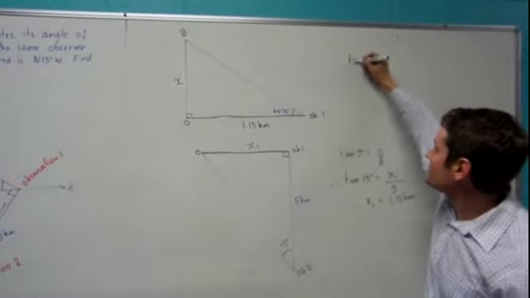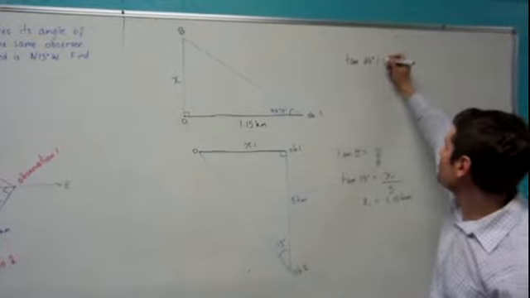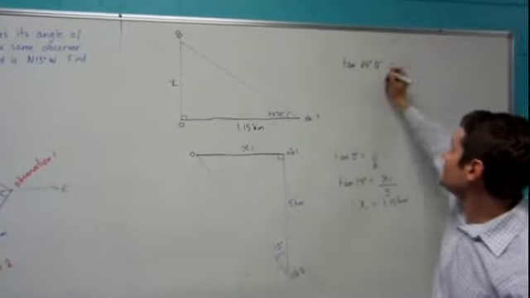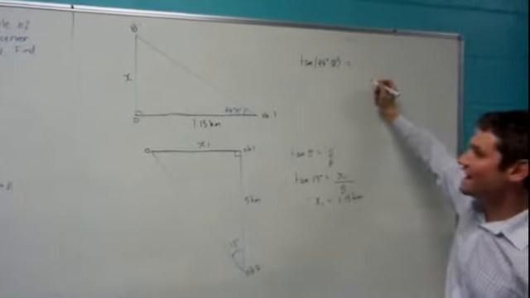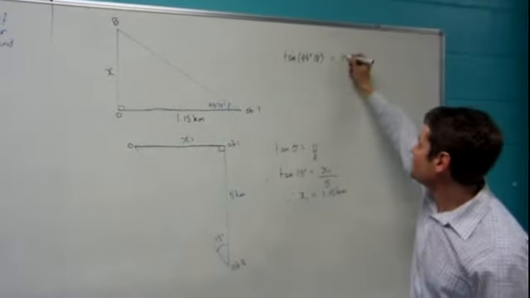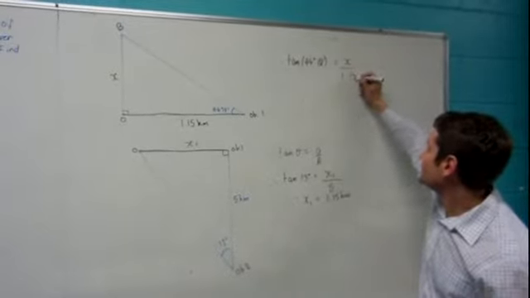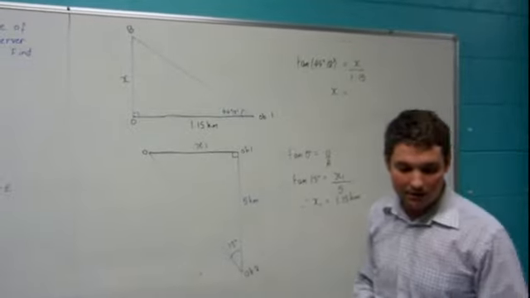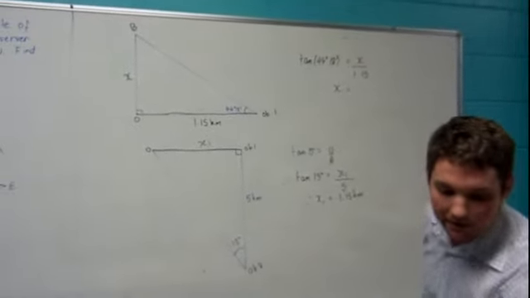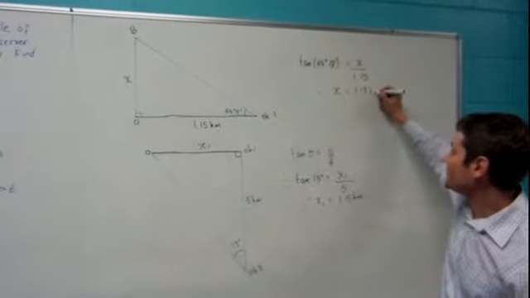Again, we're going to use tan theta from our right angle trigonometry. So tan 44 degrees 18 minutes is going to equal the opposite divided by the adjacent. If we place that into our calculator, we should find that x equals 1.13 kilometres.